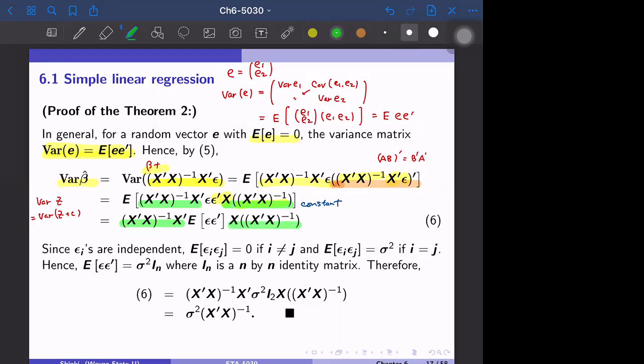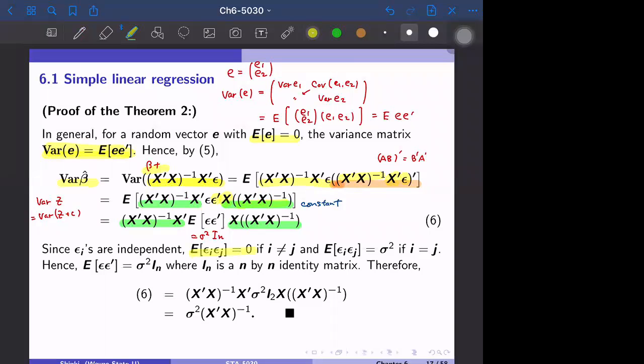So you can always put the constant outside the expectation. Essentially this is the expectation of epsilon epsilon prime. But the expectation of epsilon epsilon prime is equal to sigma square times the identity matrix of dimension n, because the epsilon is assumed to be independent.